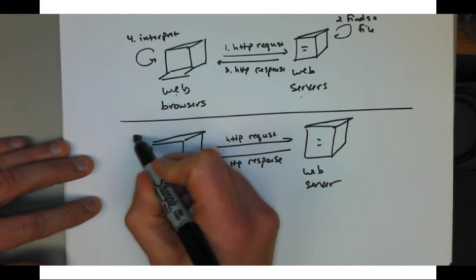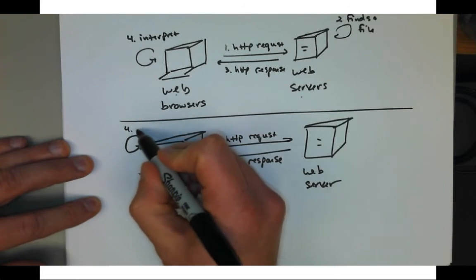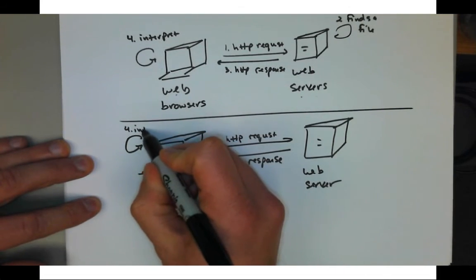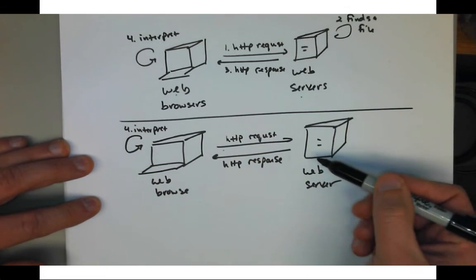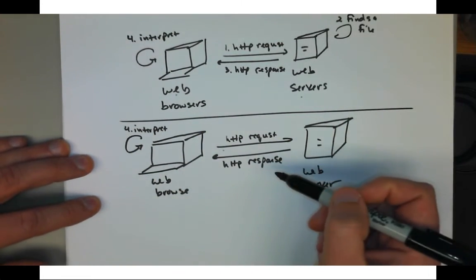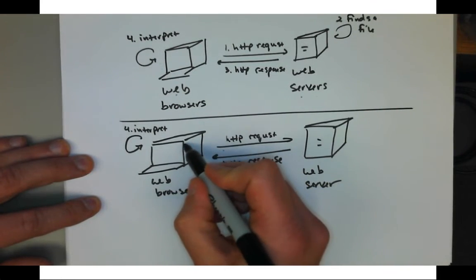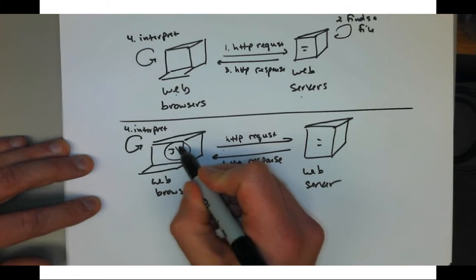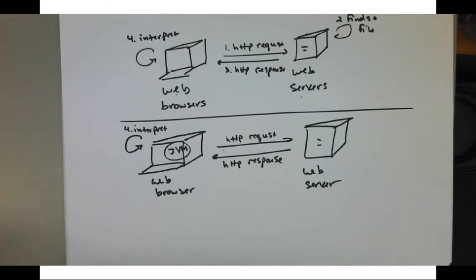Okay, but now, in addition to HTML, okay, what the web server would send back is some bytecode. And if the web browser has this JVM embedded inside it, the web browser could then execute this code that came from a web server.